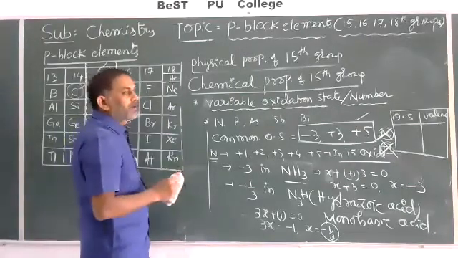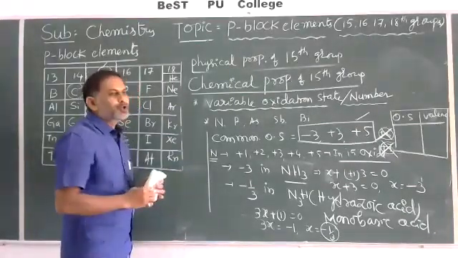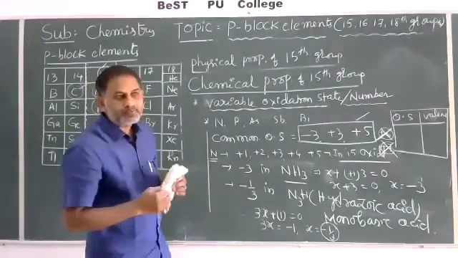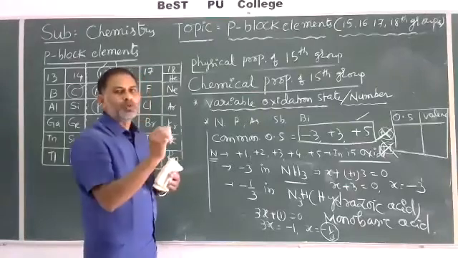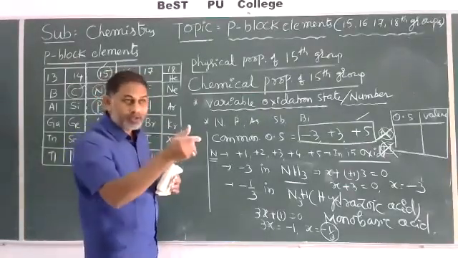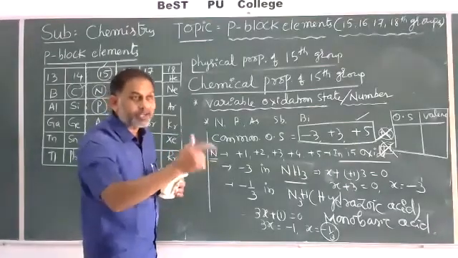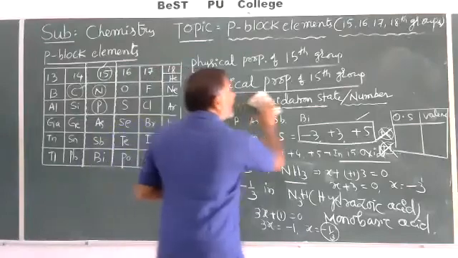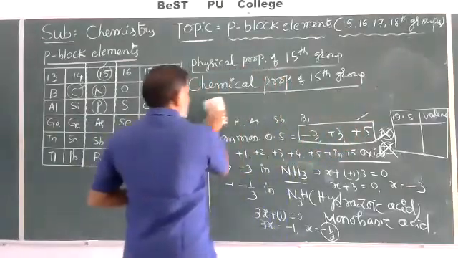Now nitrogen generally shows a disproportionation reaction also. What is a disproportionation reaction? In a molecule or species, one atom of an element shows both oxidation as well as reduction. Such reactions are called disproportionation reactions.